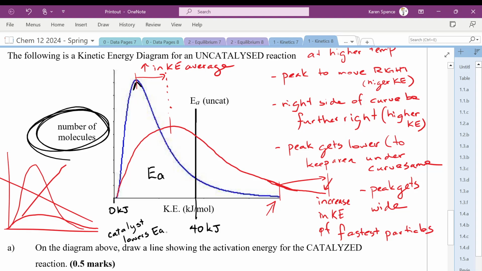So if we want it to get lower than 40, it's got to move that away, right? So maybe it's going to go to, I don't know, here. And then that's going to be maybe 30 kilojoules. And that there is our new activation energy, the 30 kilojoules.